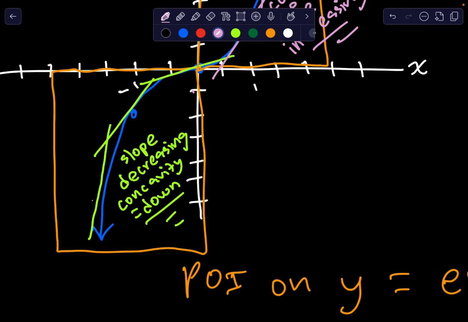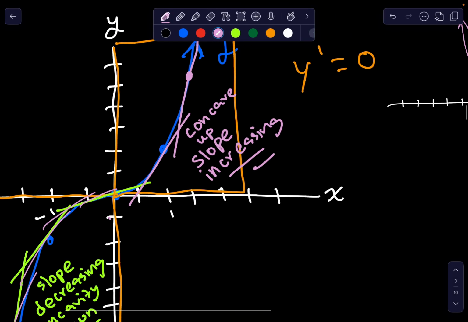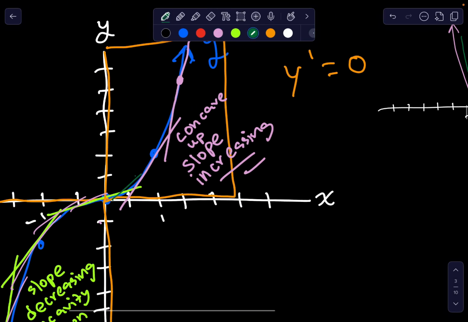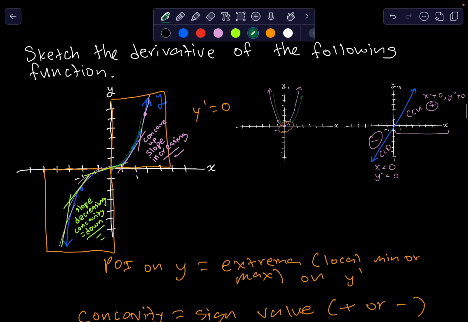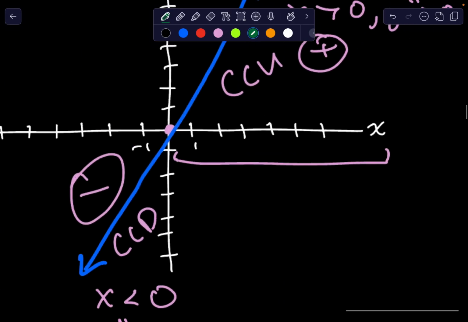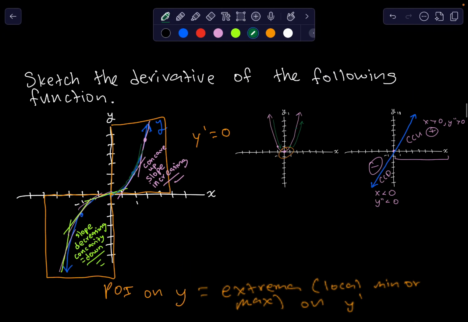Here we have a decreasing slope, but on this right side, we have an increasing slope. That's to say positive, which is exactly what we showed right here. That might be a little confusing, and I apologize, but I just wanted to touch on second derivatives and how that'll help you graph these functions.